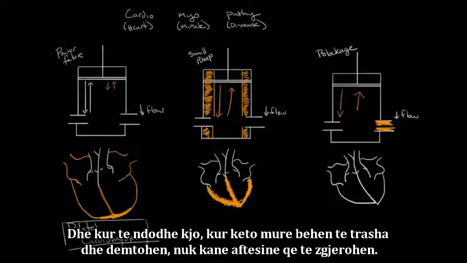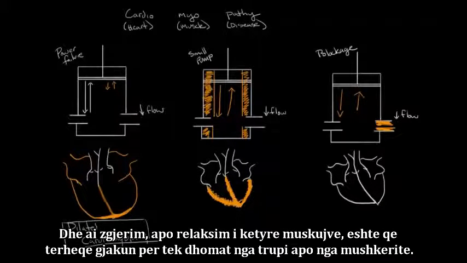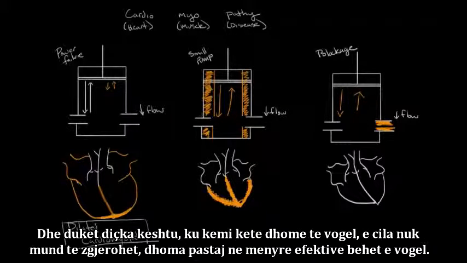And when this happens, when these walls become thick and scarred down, they're not able to expand. And that expansion or relaxation of these muscles is what draws blood into the chambers from the body or from the lungs. And so it's like here where you have this smaller chamber.